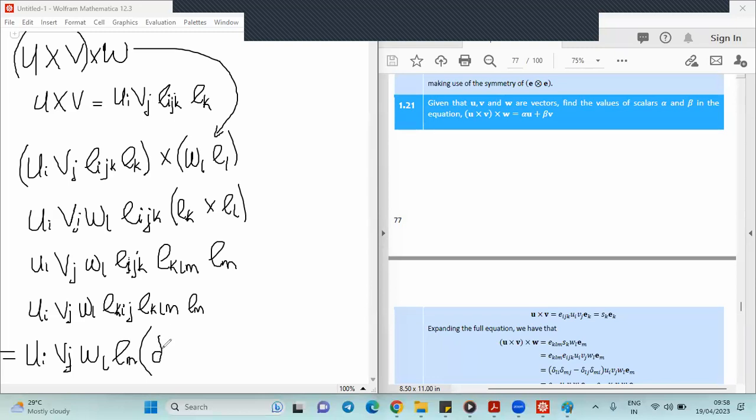So we say Kronecker delta IL, then again Kronecker delta JM, minus Kronecker delta IM, Kronecker delta JL, right? We treat this like normal multiplication, and we know that the Kronecker delta symbol is used for substitution. So that's what we're going to do.